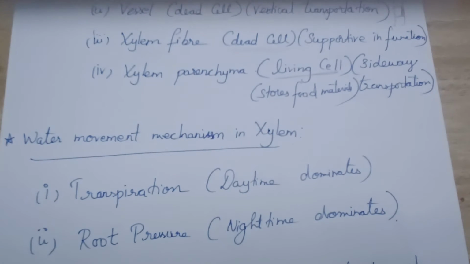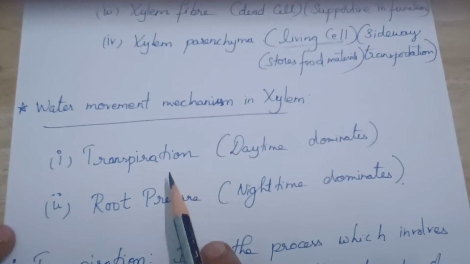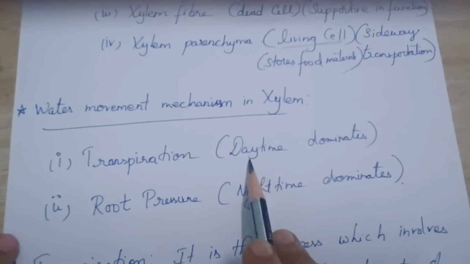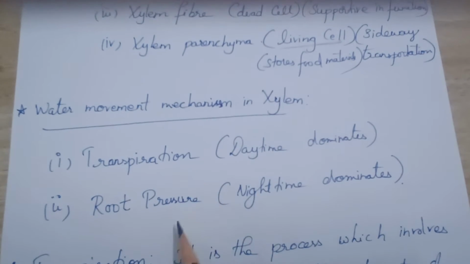So what is meant by transpiration? During the daytime, two mechanisms are involved. During daytime transpiration dominates, and during night time the root pressure dominates. So what is transpiration?